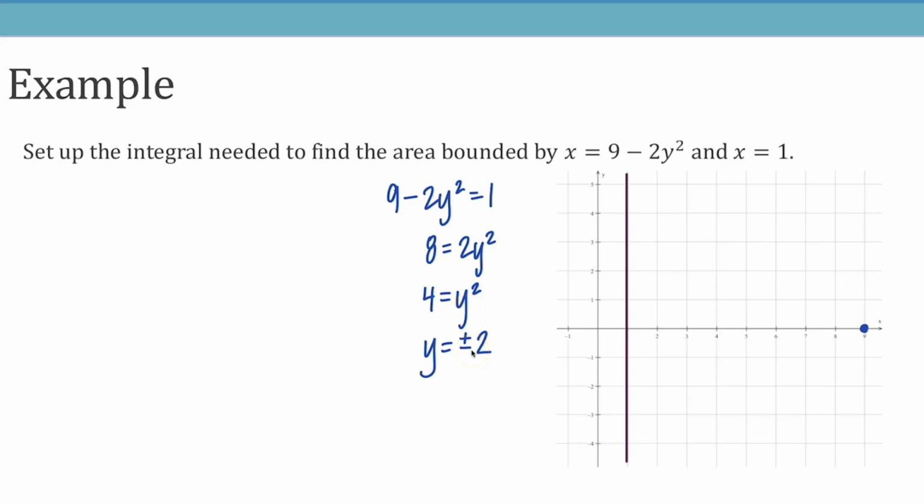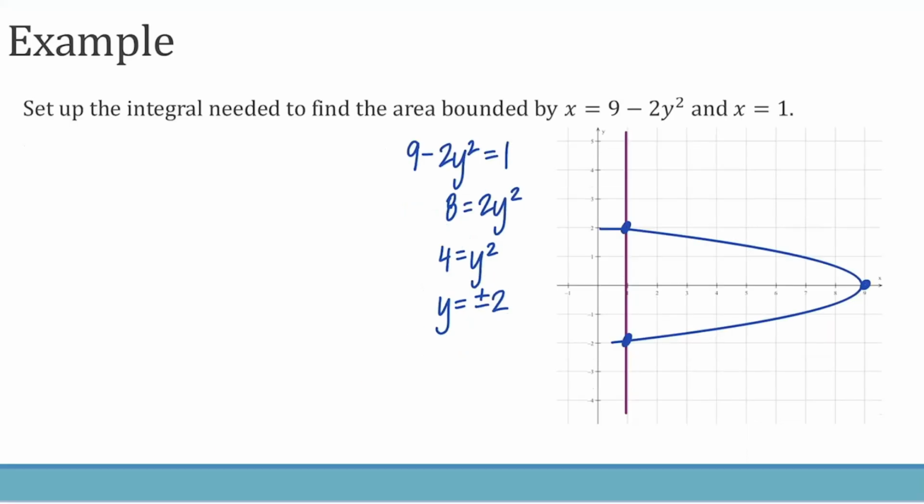So I know that at y equals positive 2 and y equals negative 2, that's where my parabola intersects my line. So let's plot those 2 points. And so that's enough to give us a nice sketch of what this sideways parabola graph is going to look like.